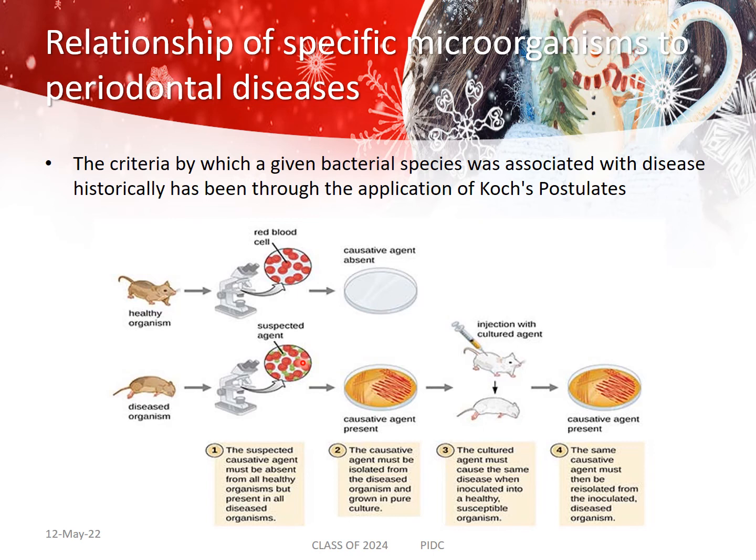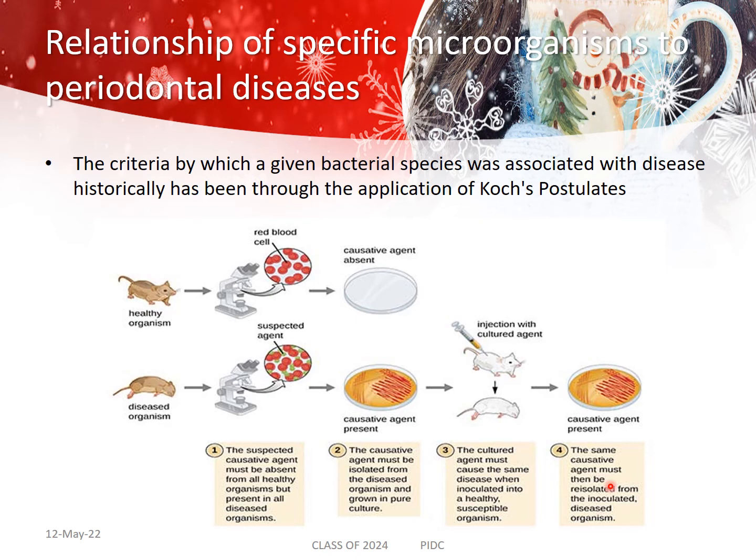Such an agent is considered to be related to the disease. Such a causative agent must be isolated from the diseased organism, and it should be able to grow in pure culture. Next, the cultured agent must cause the same disease when inoculated into a healthy organism.